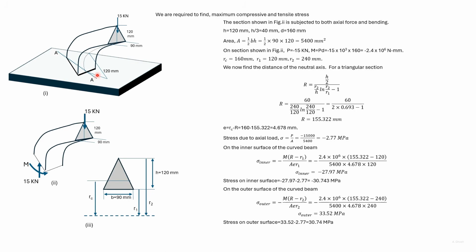Here we have a curved beam of a triangular section which is fixed at one end and to which a load is applied at the other end. Inner surface is the arc of a circle, and the outer edge is also the arc of a circle.